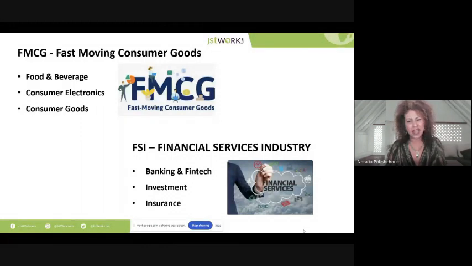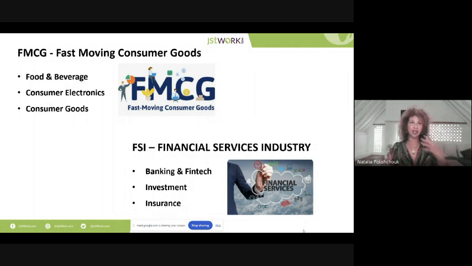The same for the financial services industry. Again, it is a very big sort of industry bracket, which within itself has very large industries. Banking, fintech, which is still financial solutions, but within the money exchange, investment, insurance, and each one of these industries.